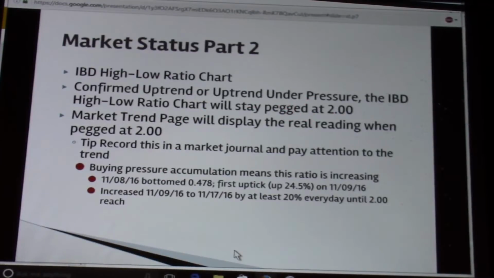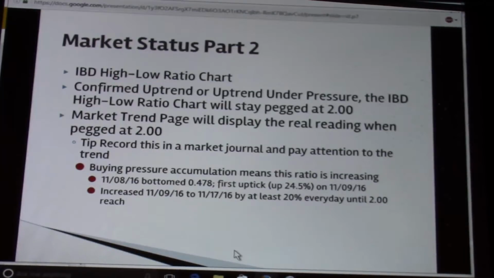So it will peak. I told you in one of those presentations about the sector leaders, how they will sometimes pause at 12 or 13. Well, guess what? The sector leaders, literally about a week after we left that meeting, peaked at 12 and 13 for about 4 days. That was 5 days after this high-low ratio peaked.